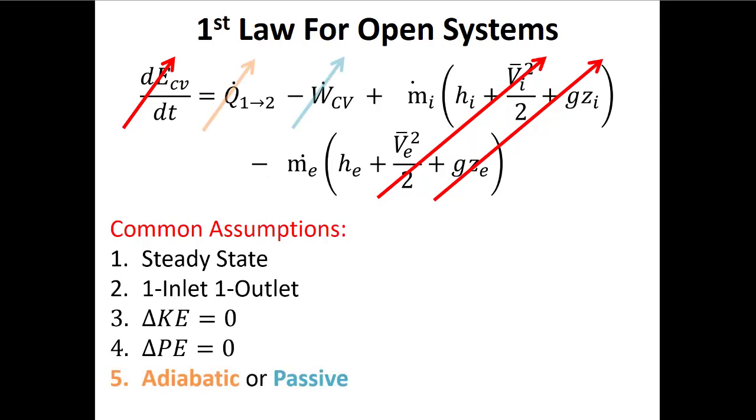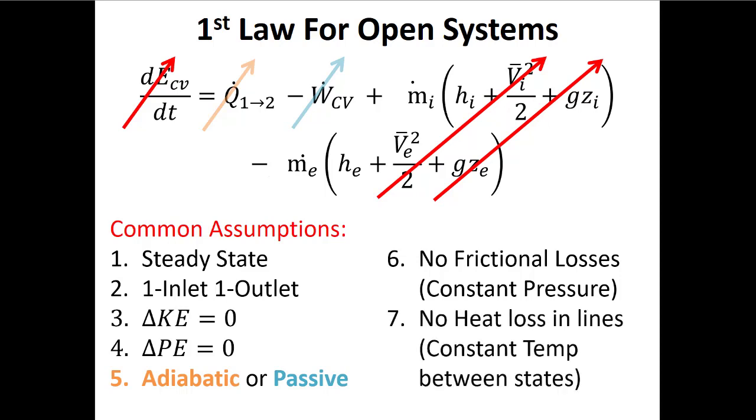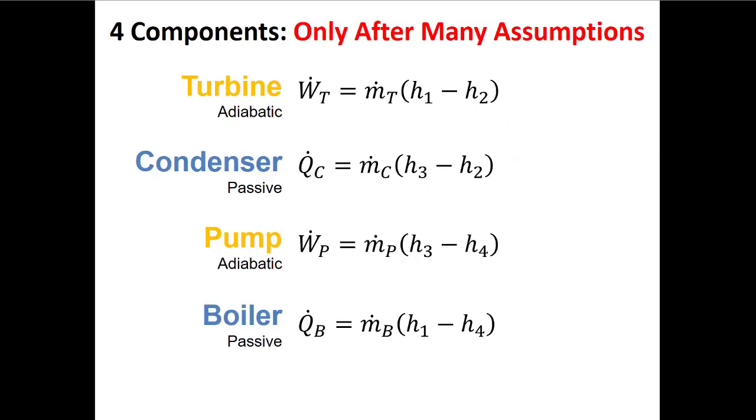And then depending on the component, I'll say the component is adiabatic for the turbines and pumps, or passive for the heat transfers, so when I'm rejecting heat or when I'm adding heat in the boiler. I'm also going to assume that there are no friction losses, so that there's constant pressure when I'm adding heat or removing heat, or if I'm moving between components, and that there are no heat losses either. So the only place that we are transferring heat out of our system is the condenser.